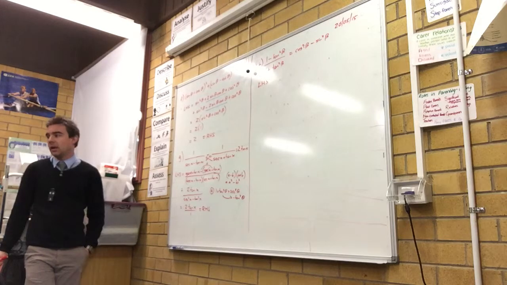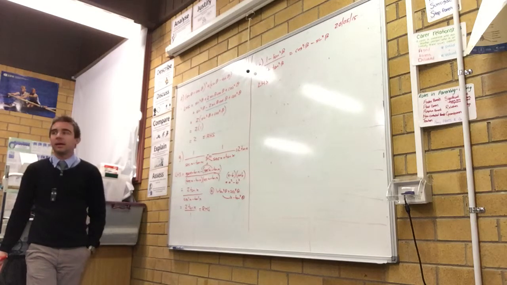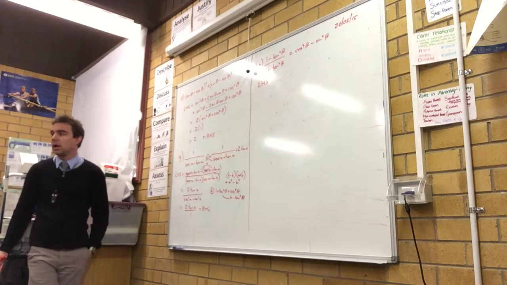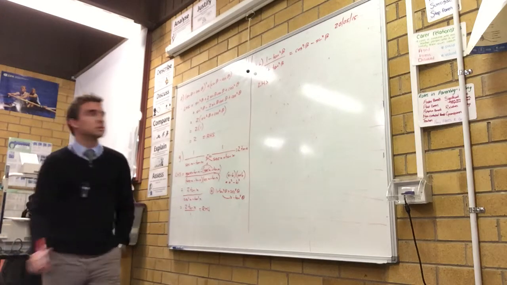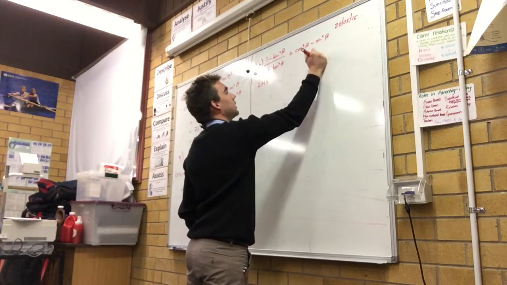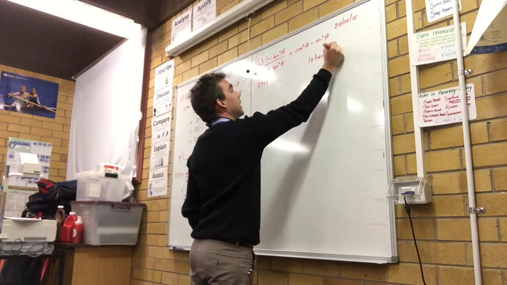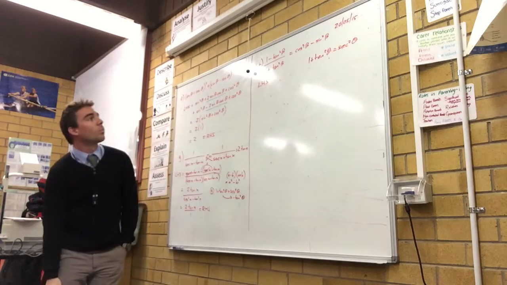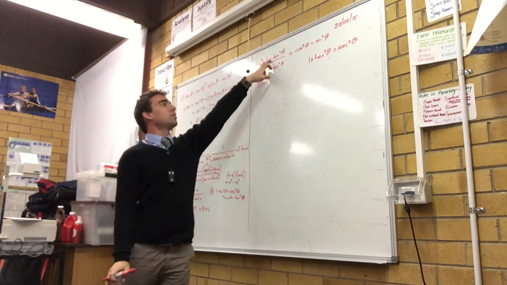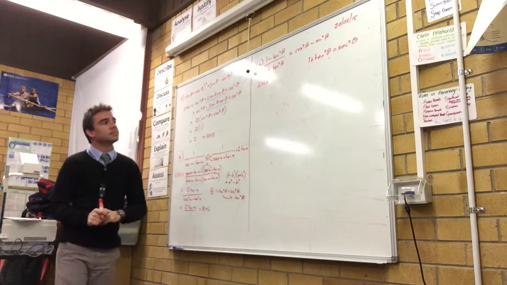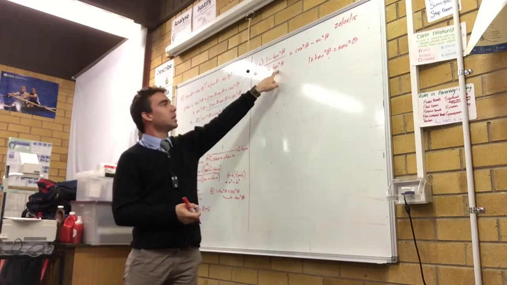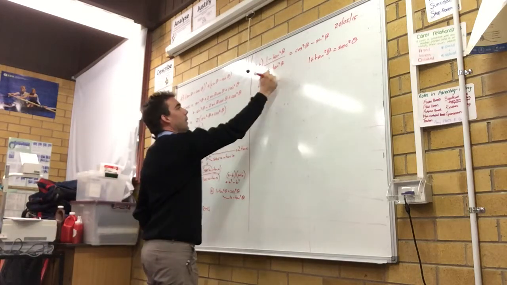What is the identity involving tan squared and 1? Yep, so 1 plus tan squared theta is sec squared theta. Notice the sign in the middle. So I've got 1 plus tan squared, which is sec squared.